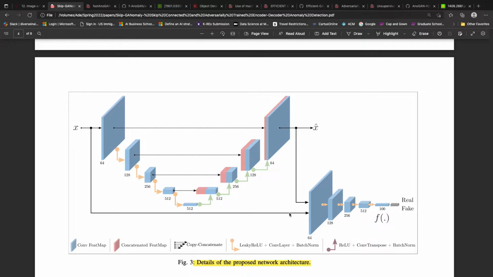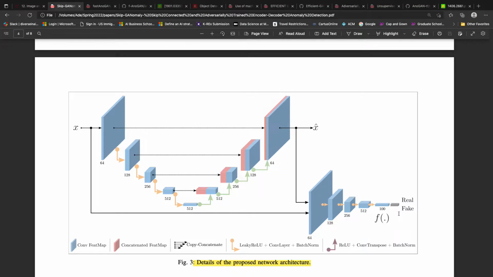So if the input is coming from the original normal samples, then it classifies that as real. But if it is coming from the reconstructed samples from the encoder-decoder network, then its task is to classify that as fake.